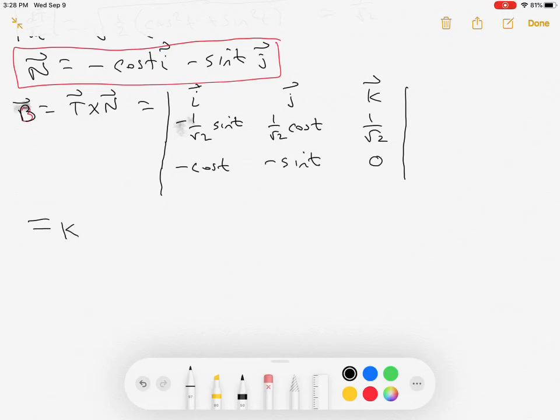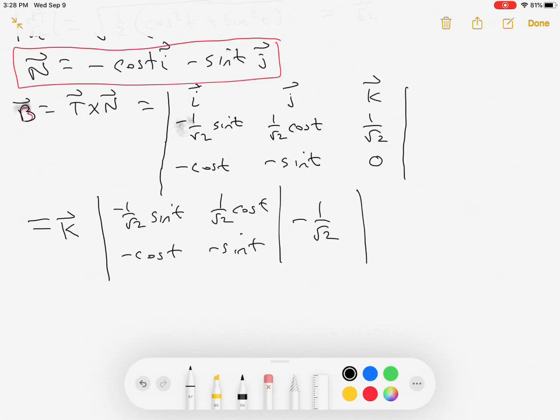So I take the vector k and then I multiply it by the submatrix minus 1 over root 2 sine t, 1 over root 2 cosine t, minus cosine t, minus sine t, minus 1 over root 2 times i, j, minus cosine t, minus sine t. Those are all vectors.